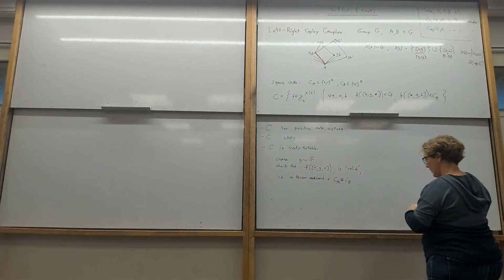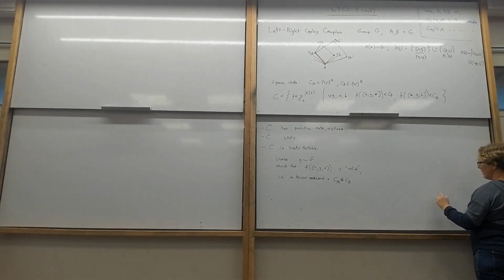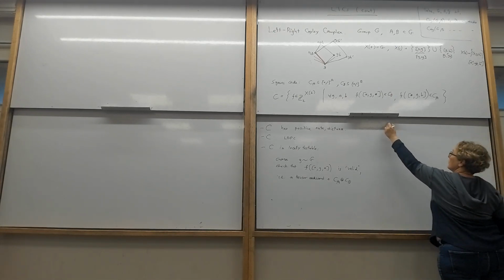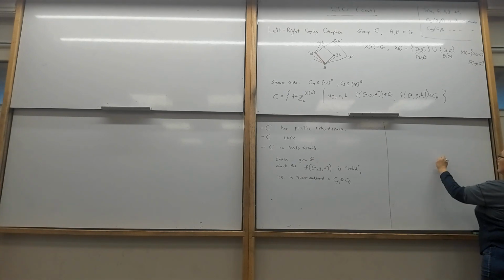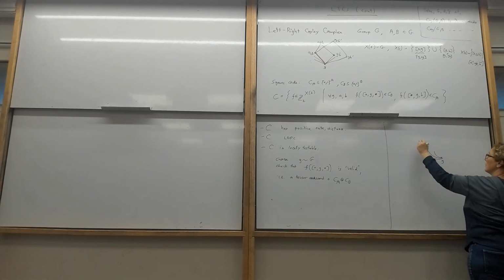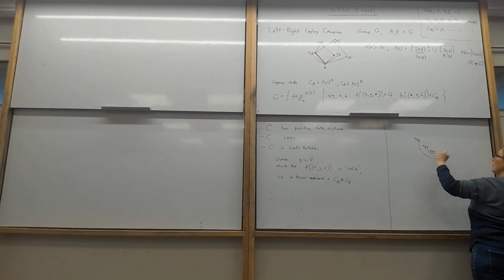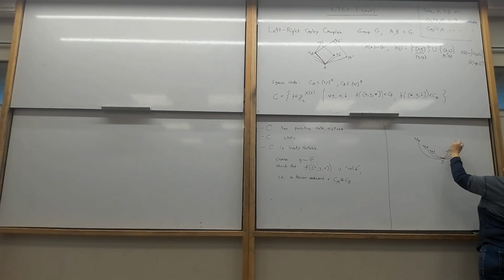Let me remind us that if I had a vertex G, and I had some A neighbors, say A1, A2, A3, so this is A1G, this is A2G, and this is A3G, and then there's also the B neighbors, so this is GB1, GB2, and GB3.